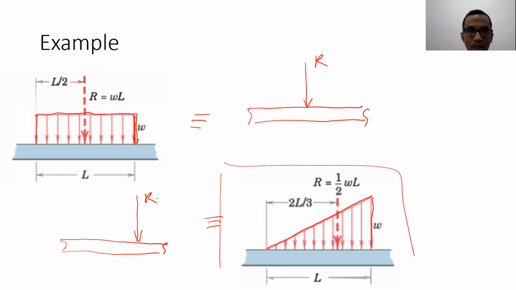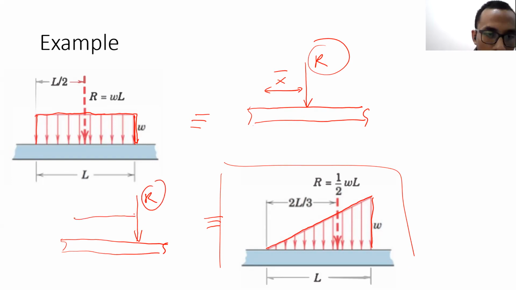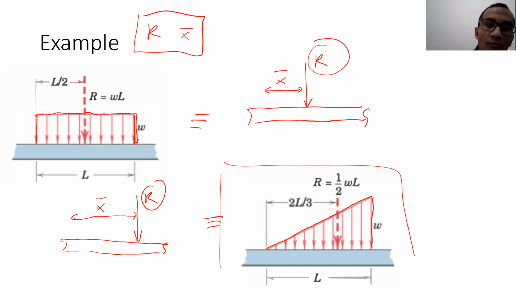But the question right now is, what is the value of R? What is the value of the resultant force? That's the first thing. And the second one is the location of the resultant force. So these two values, R and X bar, are two values which can represent the distributed force.